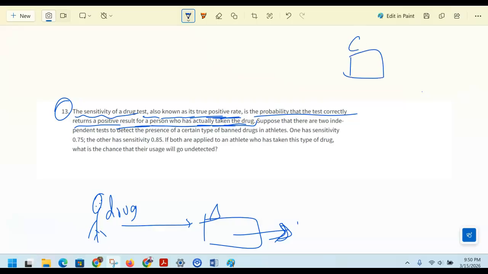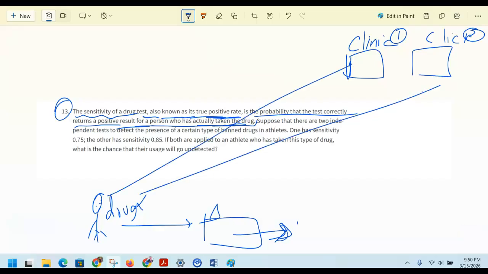This is clinic 1 and this is clinic 2. The probability that he goes to the first one and tests positive is given to you as 0.75.